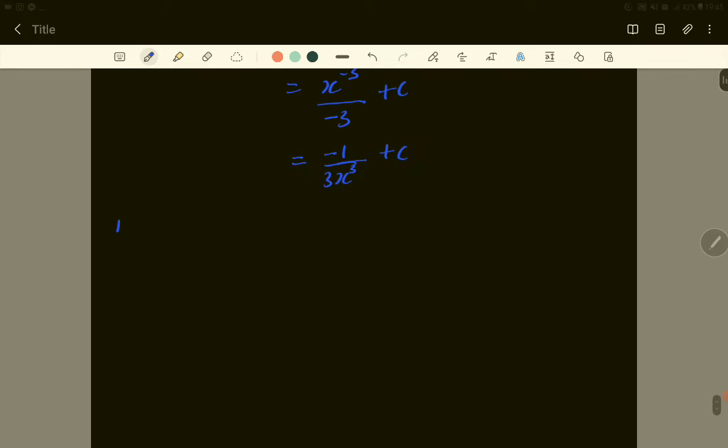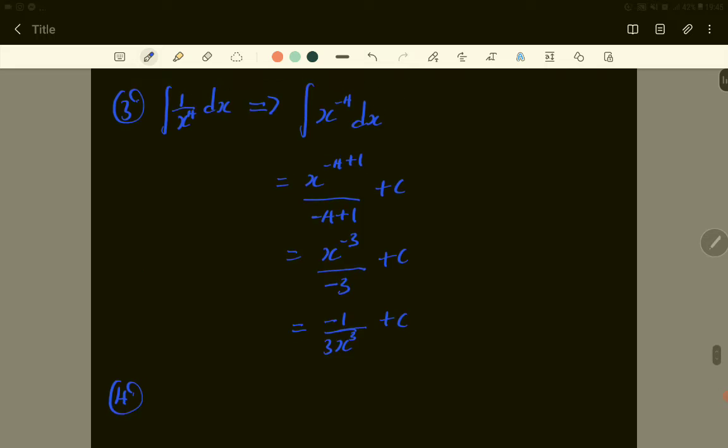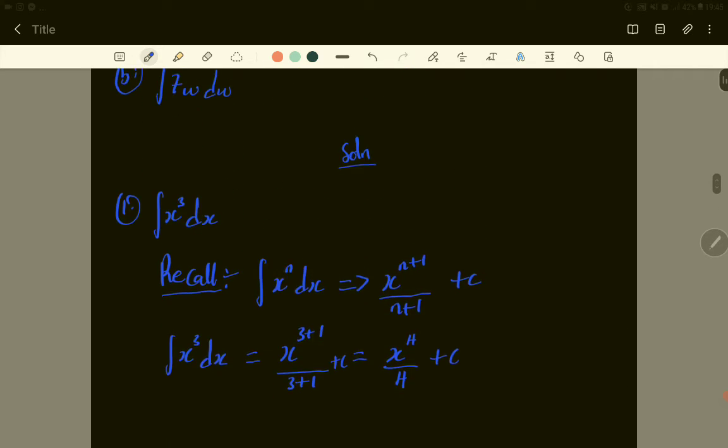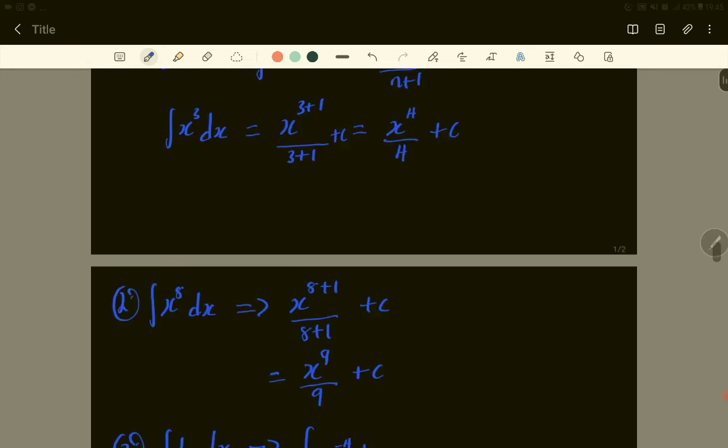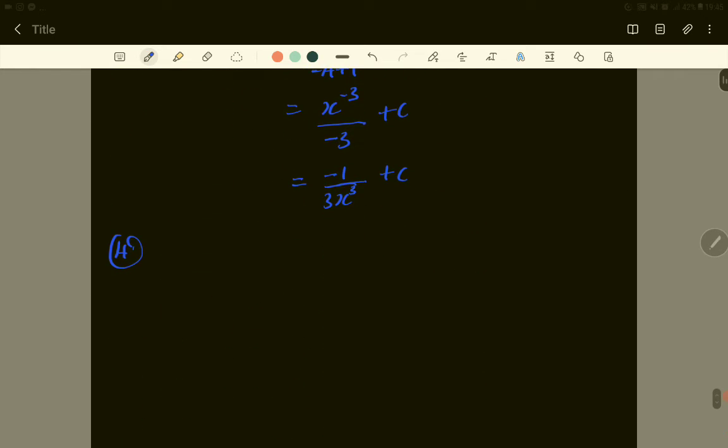For the fourth question, we have the integral of 3x to the power of 4 dx.